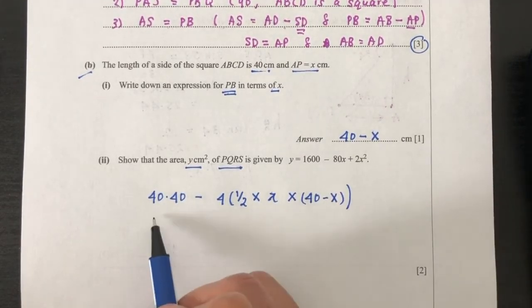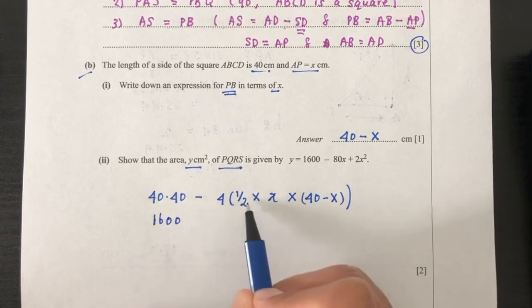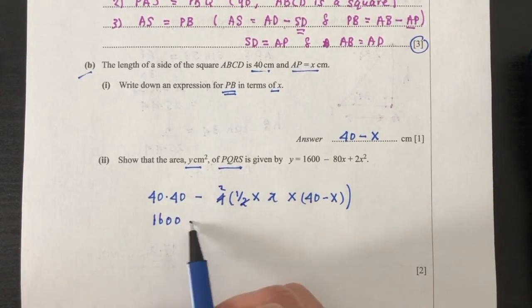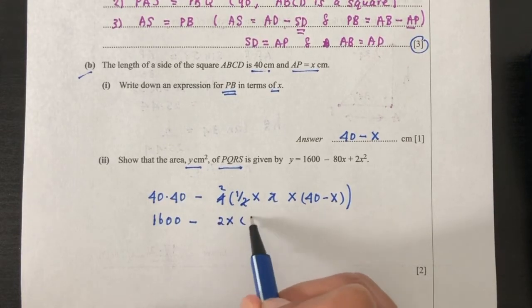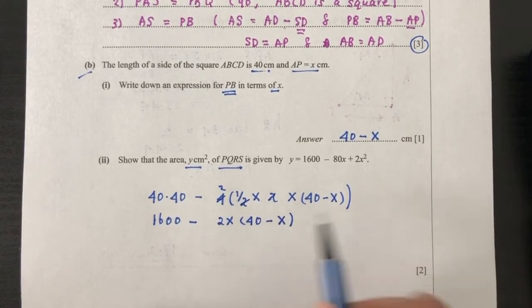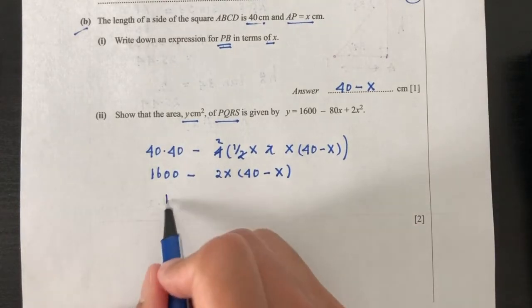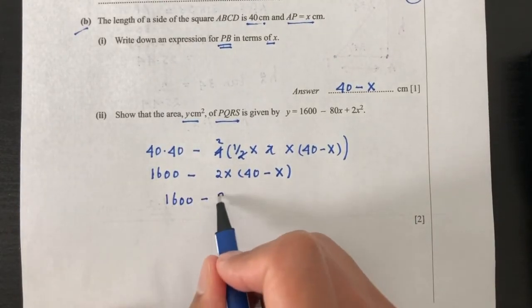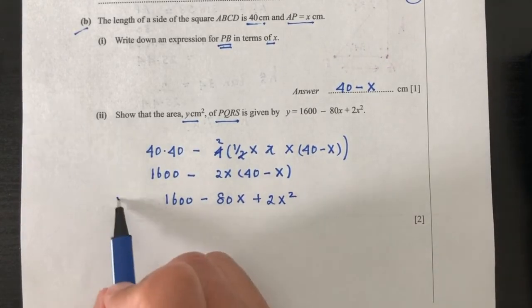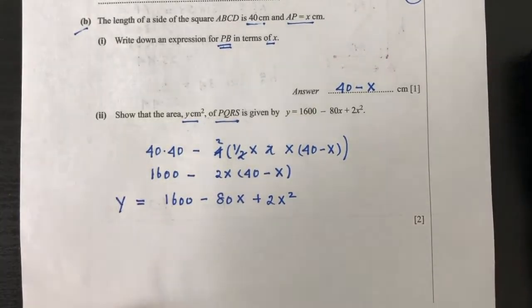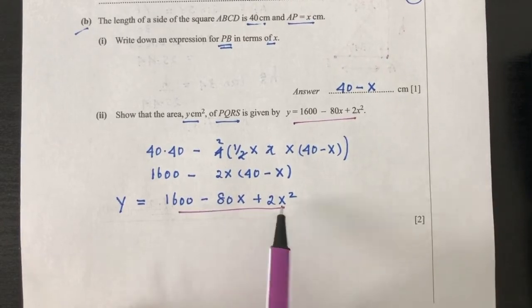So let's simplify. This will be 1600, the 2 will go away, that will become 2x times 40 minus x. If you expand, you will have 1600 minus 80x plus 2x squared. This is your value of y, and this is shown as required.